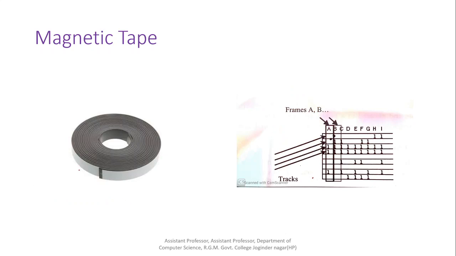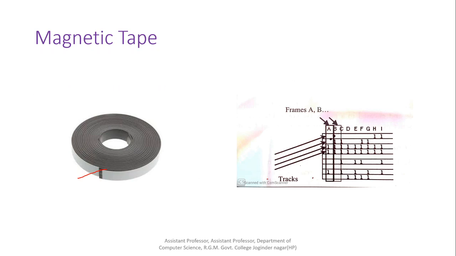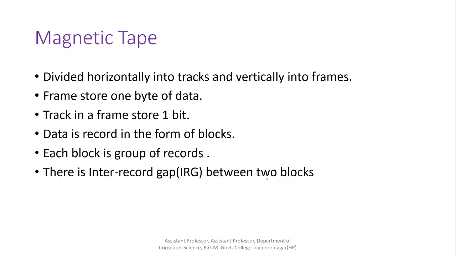This is the picture that shows a magnetic tape, and in the next slide I will discuss the internal working of a magnetic tape. Magnetic tapes are divided into tracks horizontally and vertically into frames.